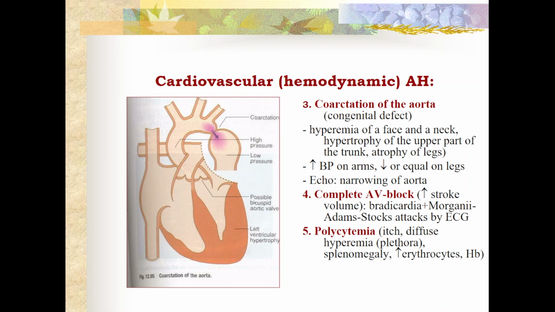Coarctation of the aorta, a congenital defect associated with hyperemia of the face and neck, hypertrophy of the upper part of the trunk, and atrophy of the legs. Blood pressure is increased on the arms and decreased on the legs. Normally, blood pressure in the lower extremities is higher than in the upper extremities by 20 to 30 millimeters of mercury.